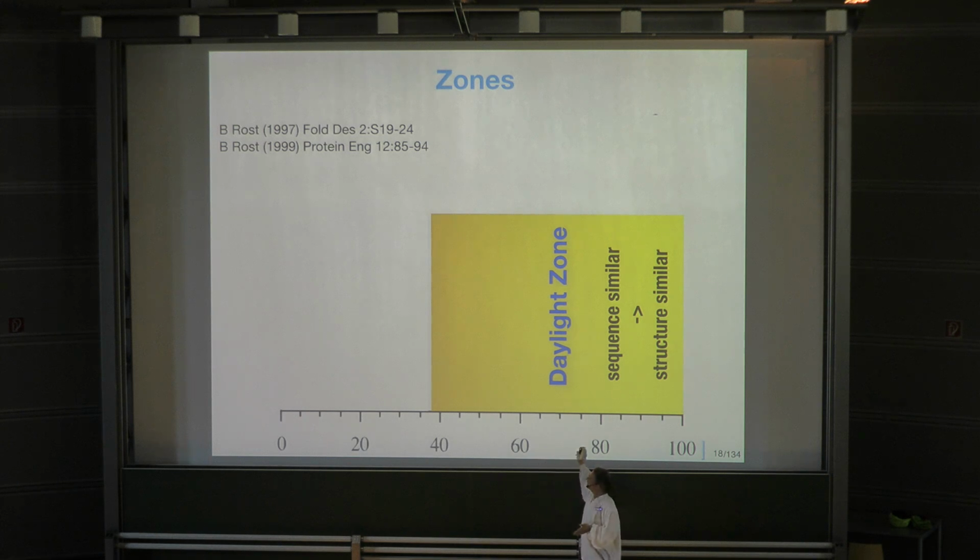And you will observe that the daylight zone, in yellow, extends very far. Two proteins that have 40% sequence identity typically have similar structure and function. This is surprising actually. They differ in many details, but coarse-grained the structure is similar. This is surprising because with 40% you change more than half of the protein.